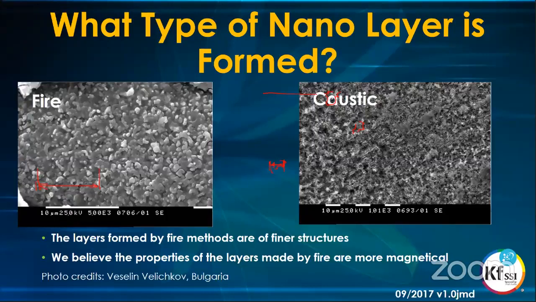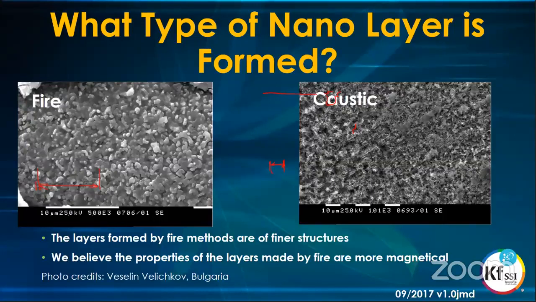So you have to understand, when you look at the scanning electron microscope, if you have the shiniest metal, which is polished, you will see it like mountains and valleys, so don't expect it will be very smooth. But these pictures show the difference in between. So fire nano coating has a smaller grain and a finer structure.